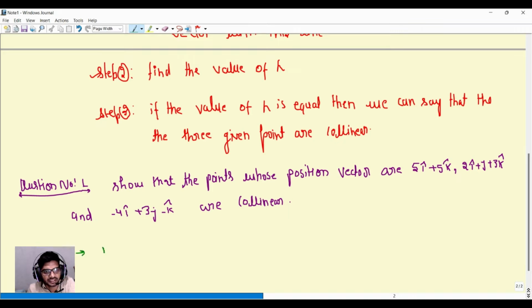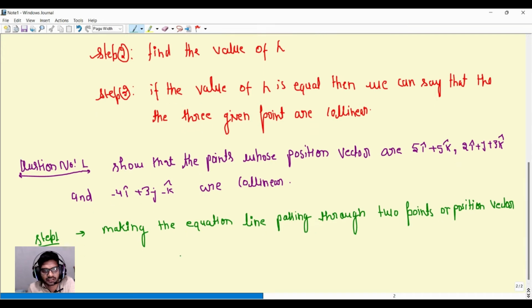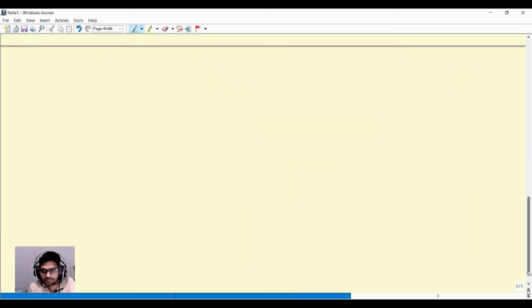Step first: making the equation of the line passing through 2 points, or position vectors, which is given by r equals a plus lambda times (b minus a), where a and b are position vectors.